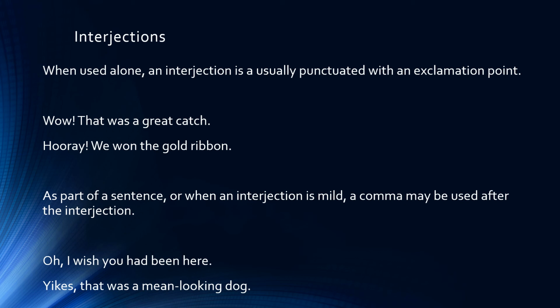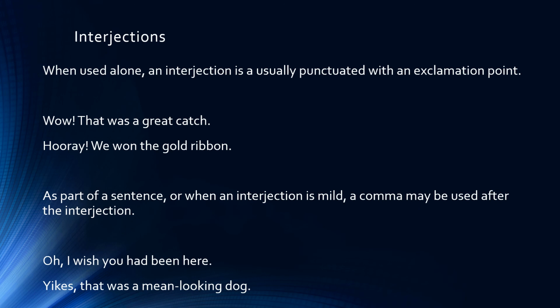Now, when used alone, an interjection is usually punctuated by an exclamation point. Wow! That was a great catch. Hooray! We won the gold ribbon. But now, as a part of a sentence, or when the interjection is more mild, a comma can often be used after the interjection.